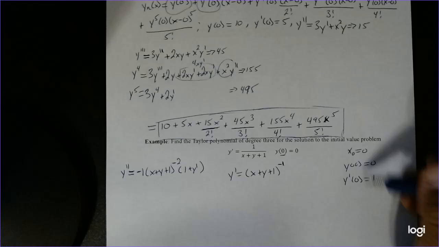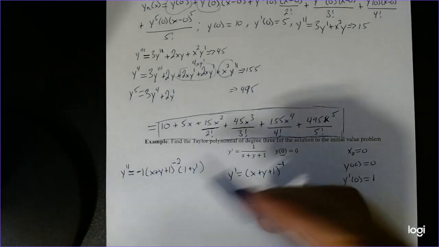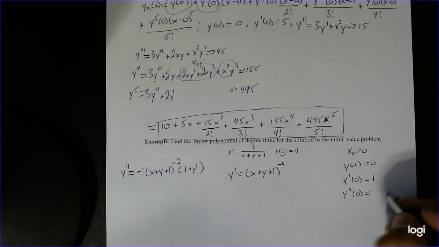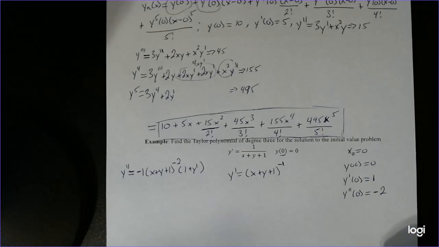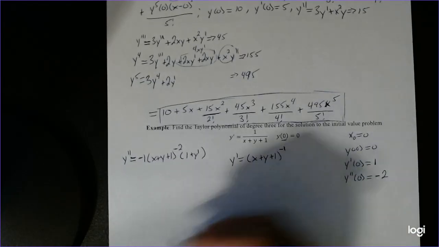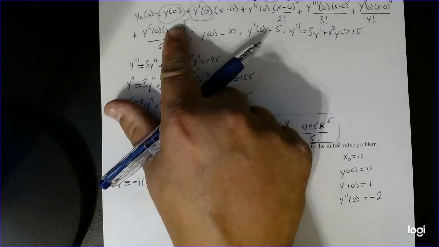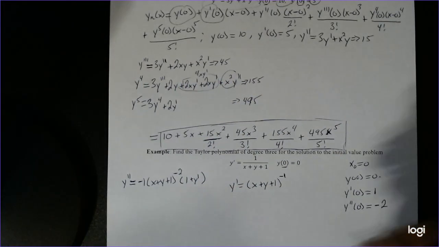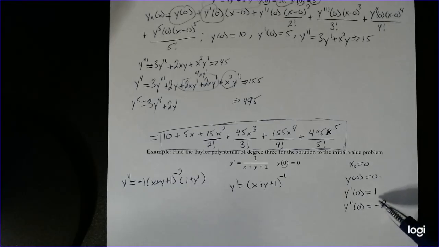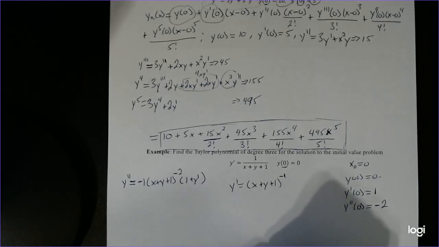Now if I plug in all three things, 0, 0, and 1, into this second derivative, we end up with negative 2. As we go about this process, the first is the normal derivative, so it'll be 0, plus y prime, so 1 times x, minus 2x squared over 2 factorial.